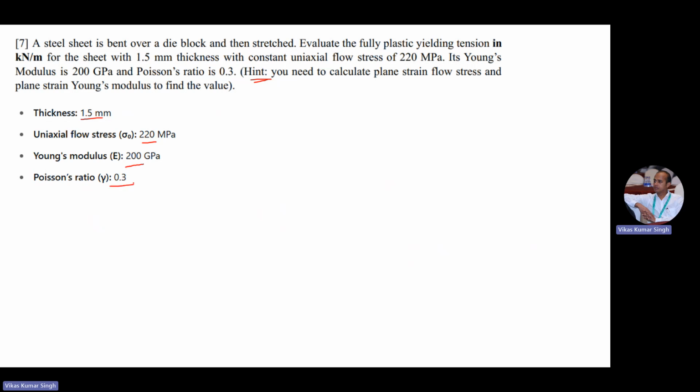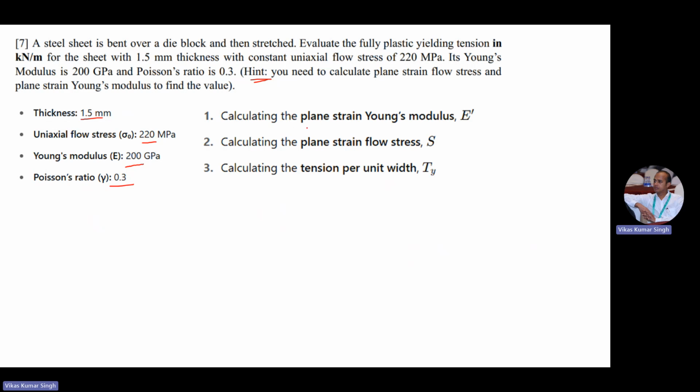And according to the hint, we have to calculate the plane strain Young modulus, the plane strain flow stress, and then calculate the tension per unit width Ty. That was already discussed in the previous assignment, where we were discussing the traction and all. So the traction, or traction basically.